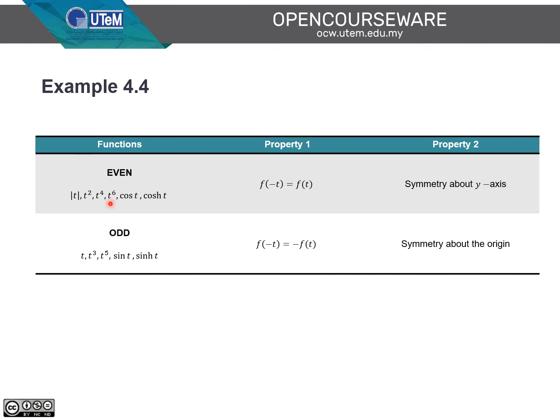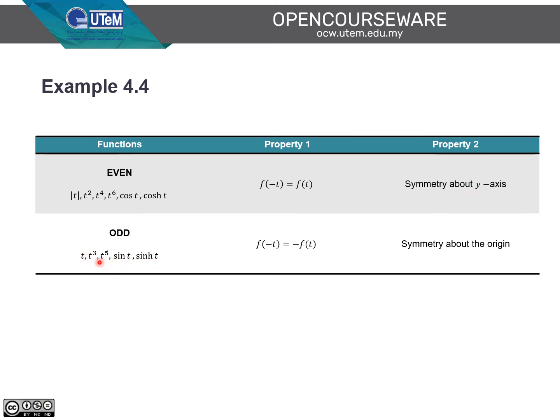Other than that, we have cos t and cosh t. Remember that the property of an even function is f(-t) equals f(t), and the other property is that the plot of the function is symmetrical about the y-axis.